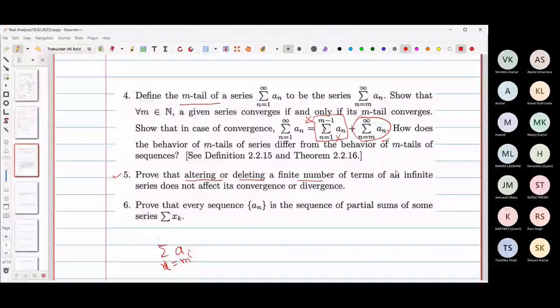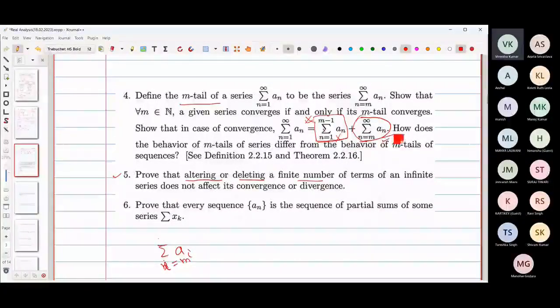So you know that the m-tail of any series is defined in this form. In the m-tail, we ignore the first finite number of terms, because the nature of the series is totally determined by the m-tail of the series.